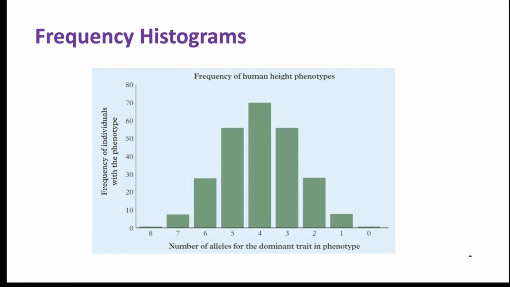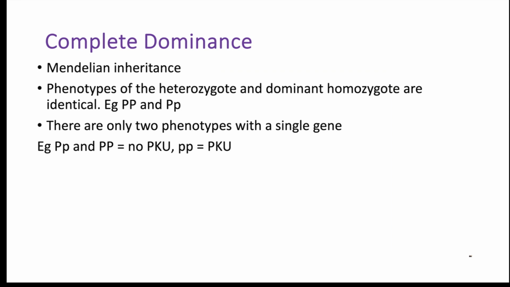So just a few different types of inheritance. What we've talked about so far is complete dominance. So this is classic Mendelian inheritance, where we've got a single gene for a particular trait, and we have a dominant and we have a recessive allele.